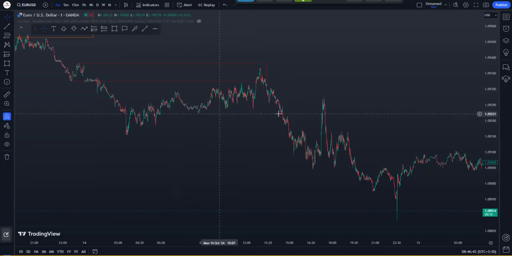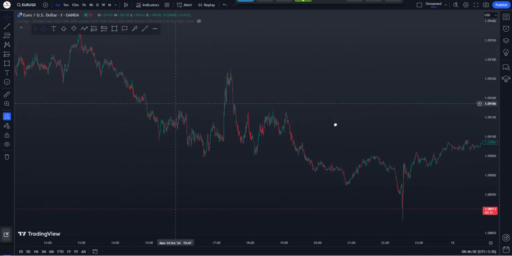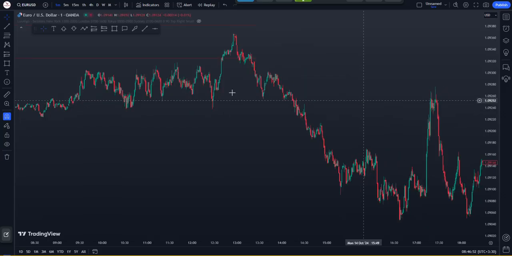The swap of this level is here. This is not going back to true level, so we have to find a smaller scale as DP, and we can see here price going down from there.